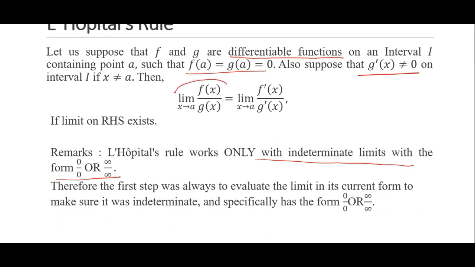Then if f(a) and g(a) are 0, this will be in the form 0 by 0, that is an indeterminate form. So L'Hospital's rule says the limit as x approaches a of f(x)/g(x) is equal to the limit as x approaches a of f'(x)/g'(x). That is, we just have to take the derivative of the numerator as well as the denominator, and then take the limit.